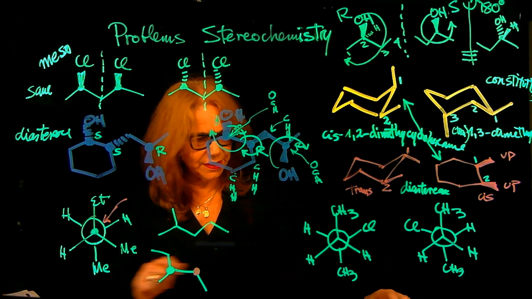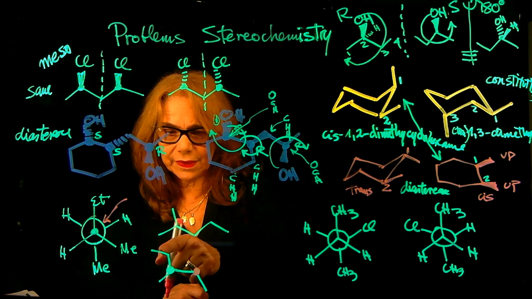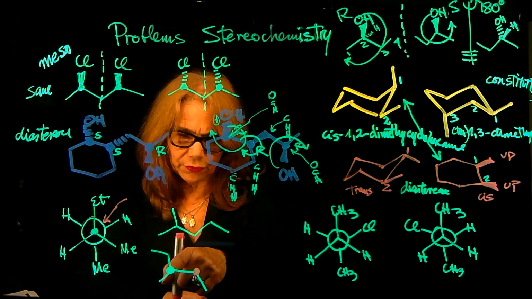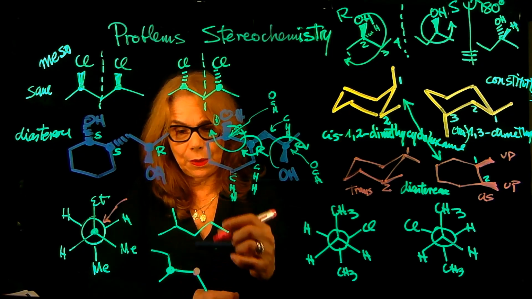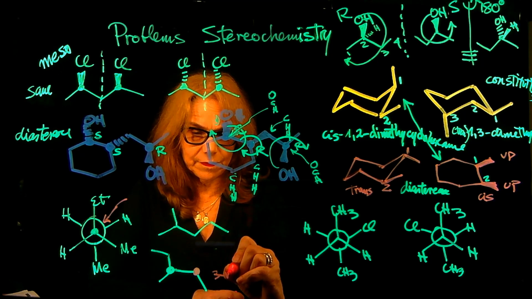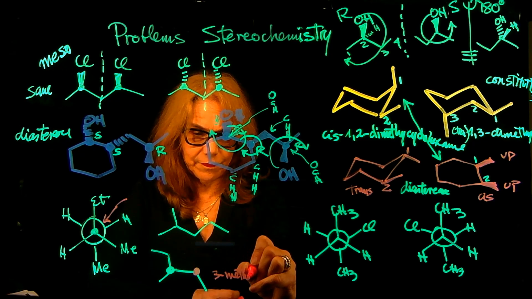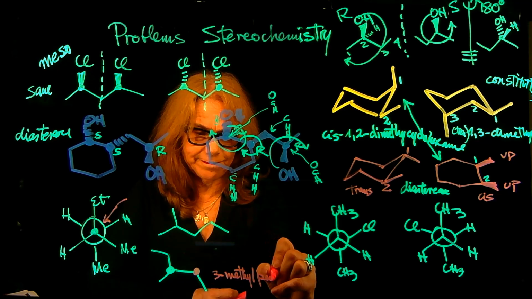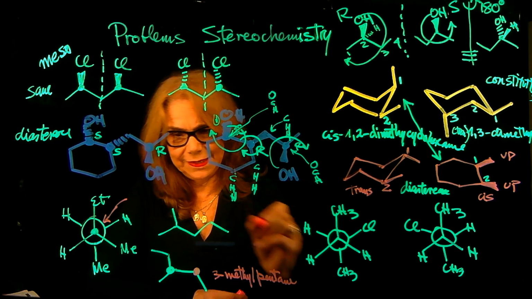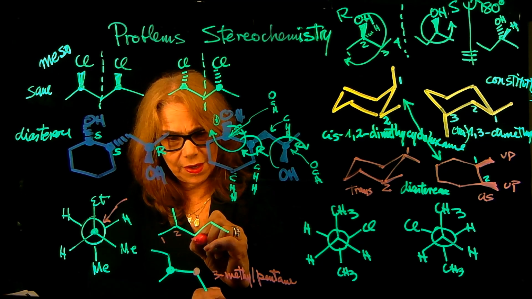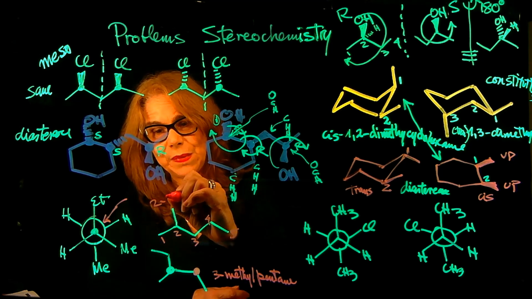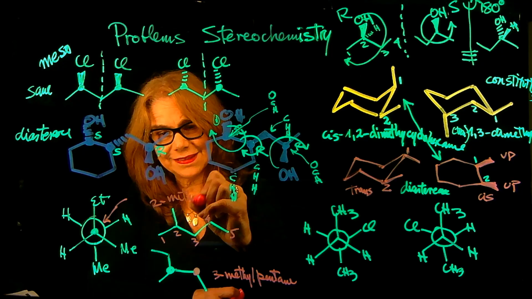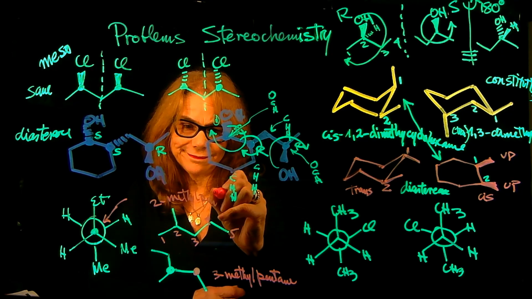So here we see, if you want to name this, this is 1, 2, 3, 4, 5. So it is 3-methylpentane. And this is 1, 2, 3, 4, and 5. So this is 2-methylpentane.